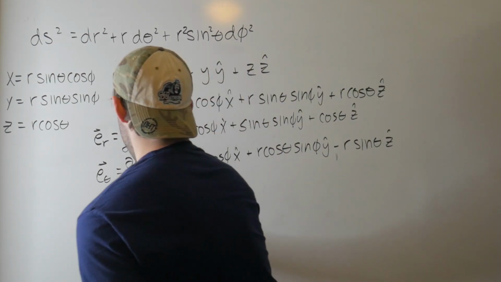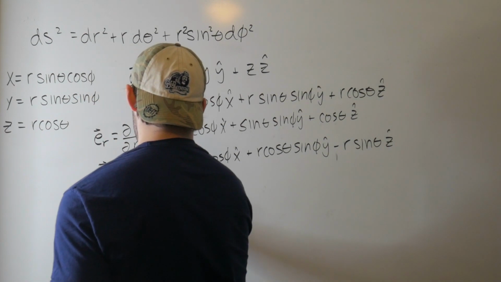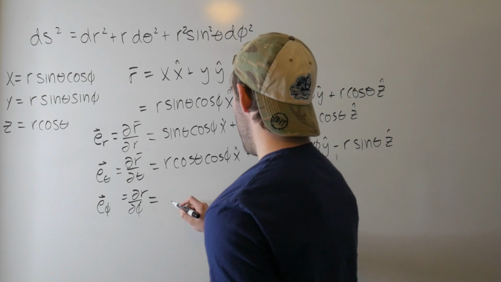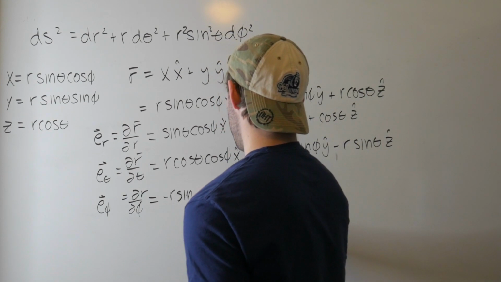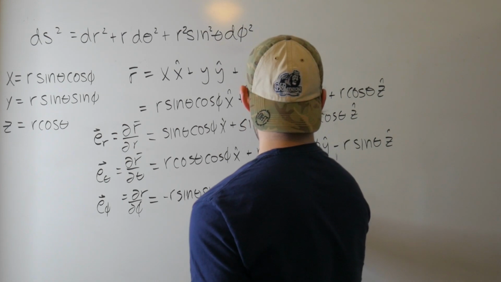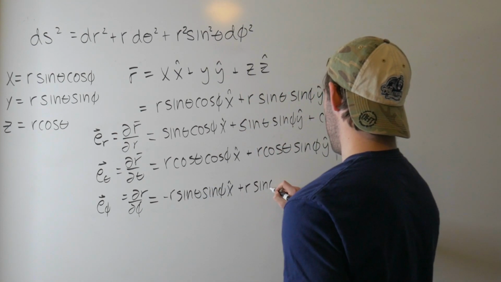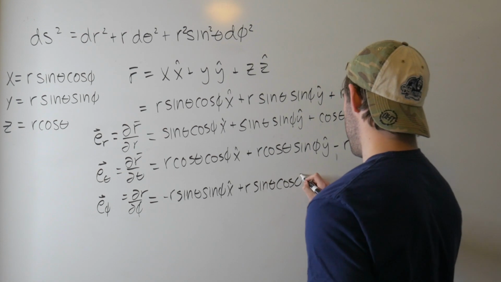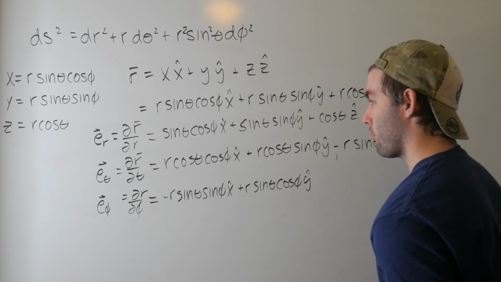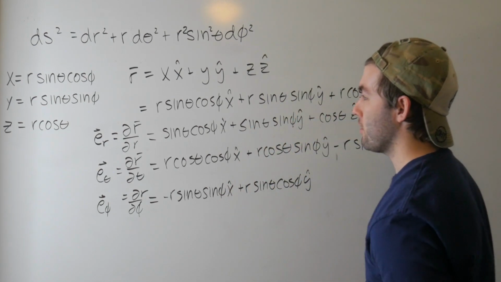And lastly, E sub phi is dr over d phi, which is equal to minus r sine theta sine phi x hat plus r sine theta cosine phi y hat, and the z component is 0. Great. So now we have what our basis vectors are to calculate the metric.